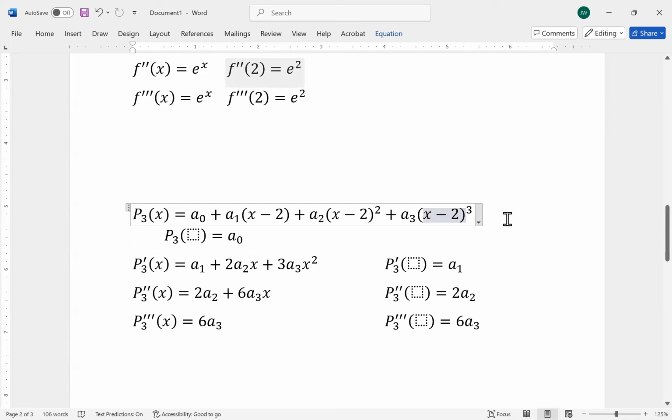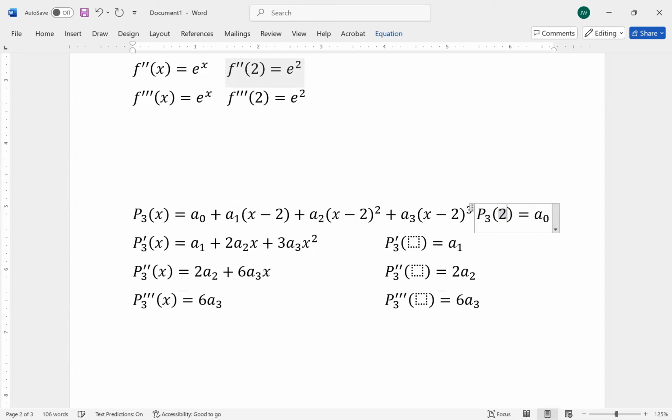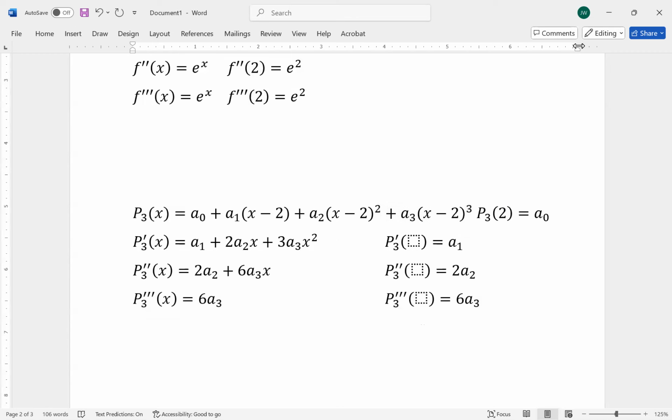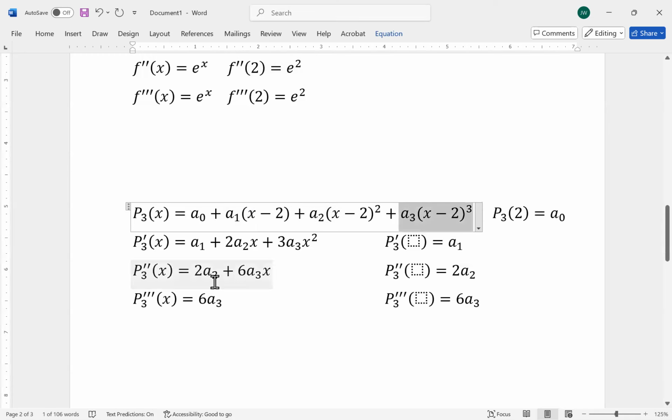When I plug in 2 into that, I get an a sub 0. Notice that when I plug in 2, this becomes 0, this becomes 0, this becomes 0. Now when I take a derivative, watch what happens.